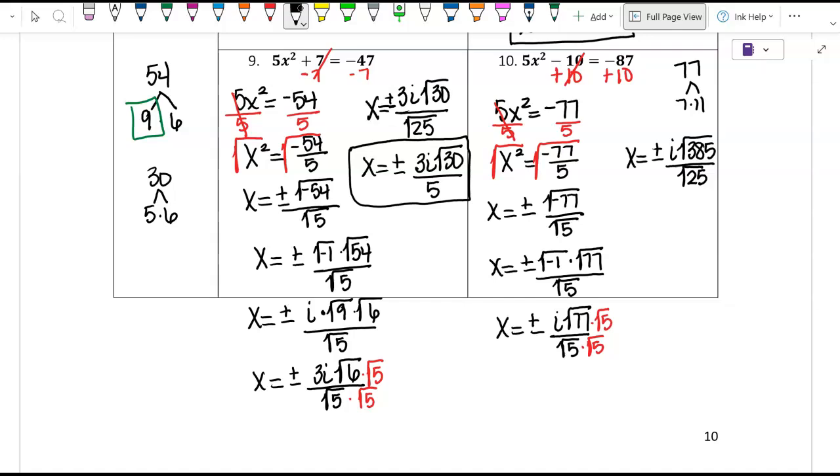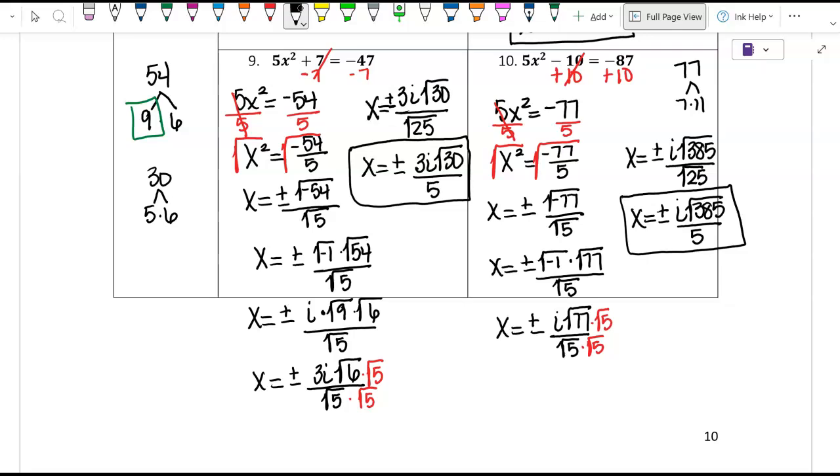There's no perfect squares. 77 is 7 times 11, so that'd be 7 times 11 times 5. They're all prime, so there's no perfect squares. So we just need to simplify the denominator and get x equals plus or minus i radical 385 divided by 5. That would be our simplified answer.